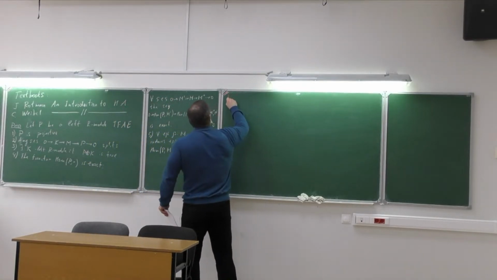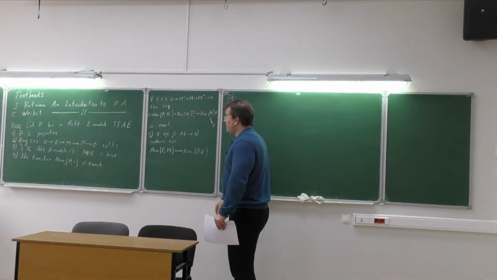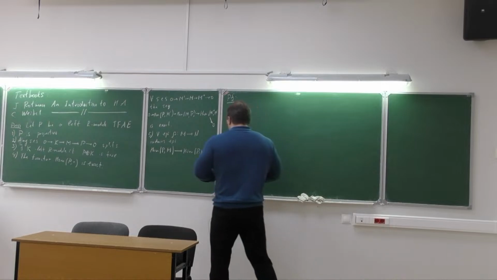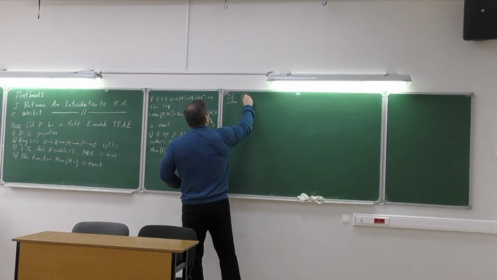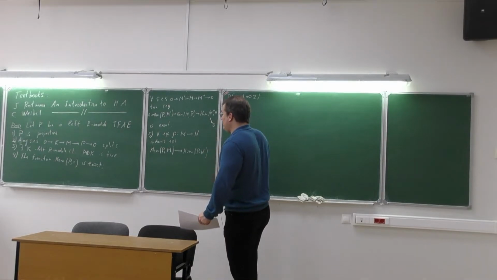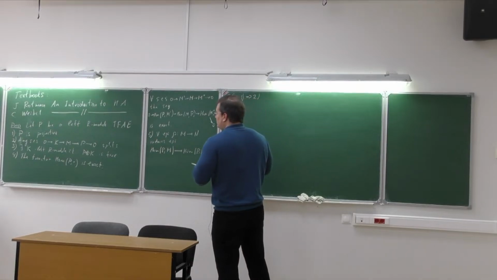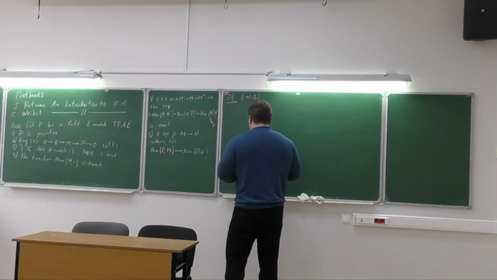The proof is actually relatively easy. You really need to prove only a couple of implications, the rest is trivial. For example, going from 1 to 2 is not completely trivial, but it's a very simple observation. Suppose I want to show that this sequence splits.